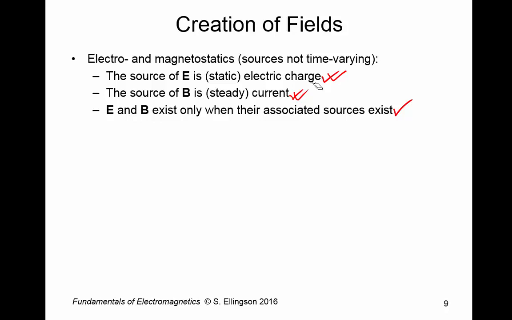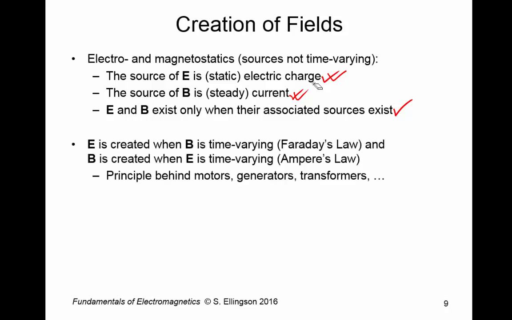The situation becomes more complicated when things are not static. So, for example, when B is time varying, you can make E. This is Faraday's law. For example, if you take a magnet and you move it around a coil, you know that you can create a potential in that coil.